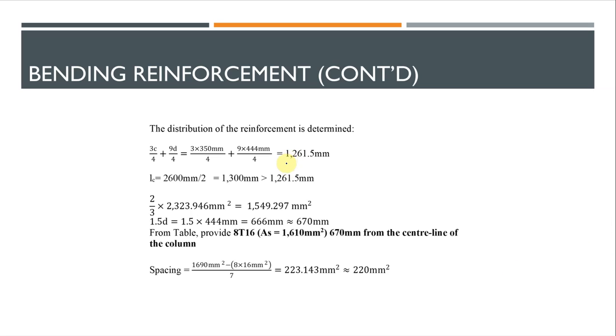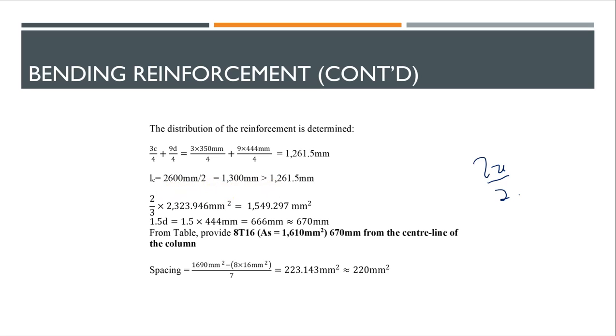Kira I dapat 1261.5. And I'm going to compare with LC. Tengok mana satu lagi besar. So the LC here, we know LC is actually LX divided by 2. Okay. LX is 2600, which is 2.6 meter tadi. Okay, 2600 divided by 2, I dapat 1300.